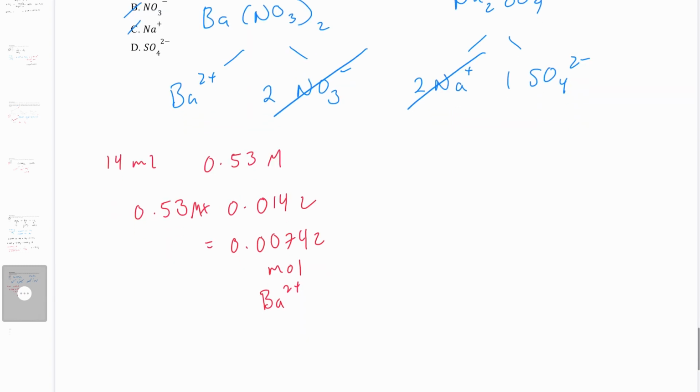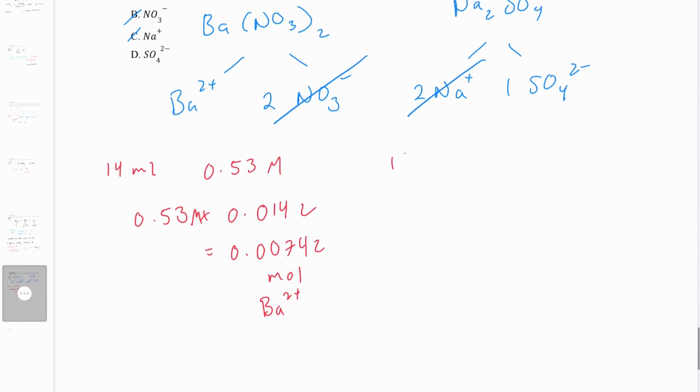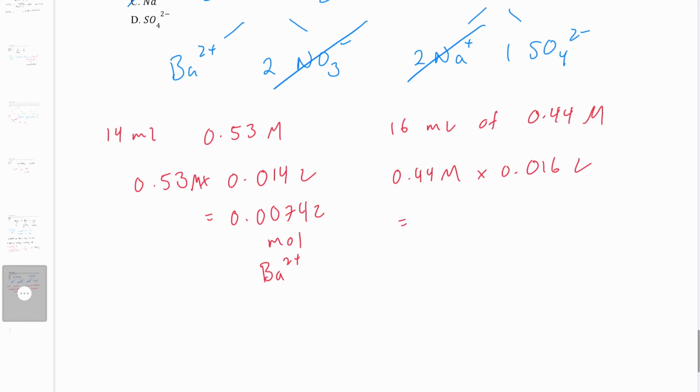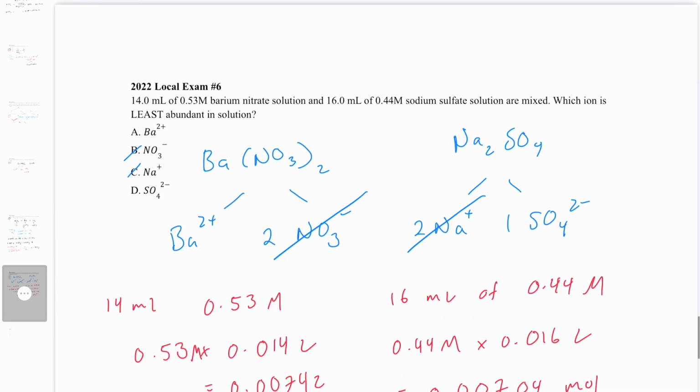So we have 16 mL of 0.44 molar sodium sulfate solution. So let's do the same thing, 0.44 molar times 0.016 liters, and that comes out to 0.00704 moles of your sulfate. And clearly that is a lower number than the barium, so sulfate has to be the least abundant. Therefore, your answer is D. And that was question 6. So the answer for question 6 is D.